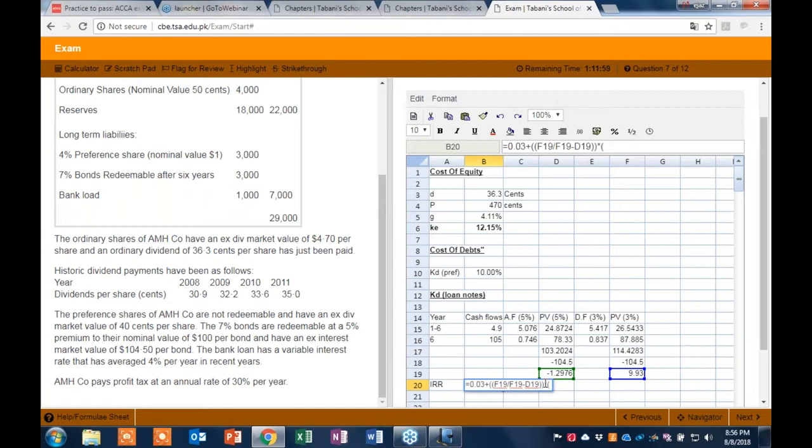And then multiply it with the difference between the two rates, which is 2%, 0.02, the difference between 5 and 3. Okay, probably we have made a mistake.